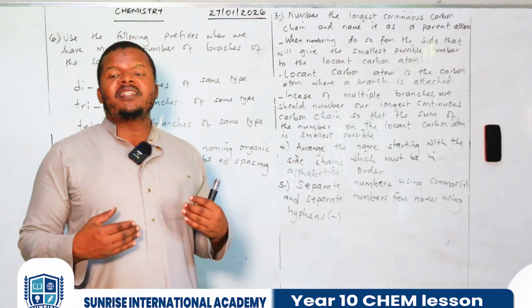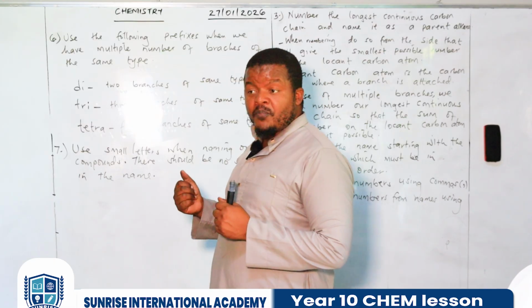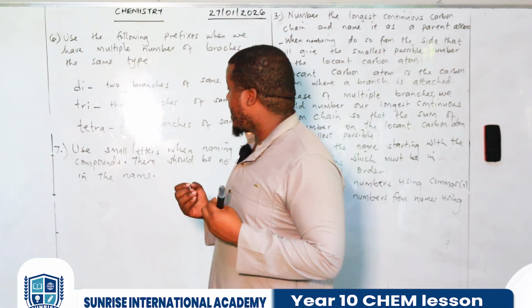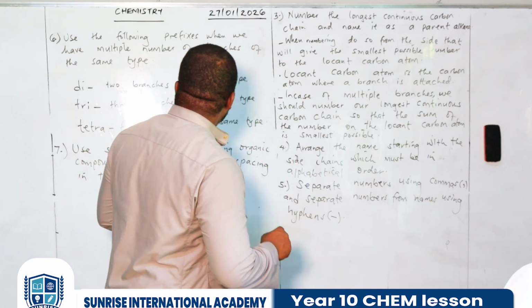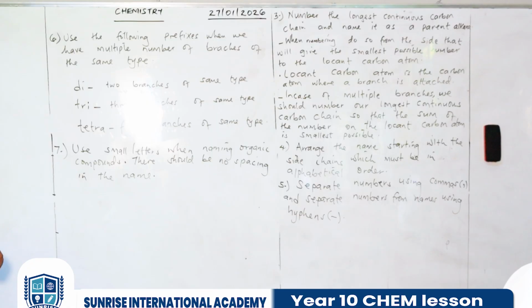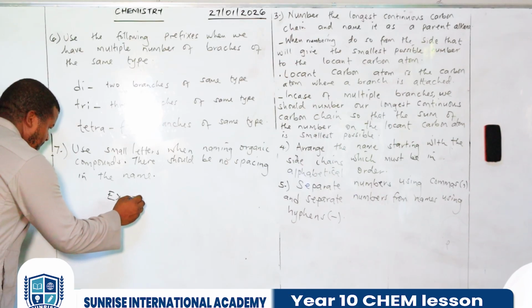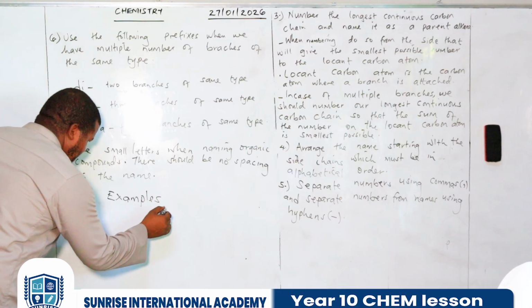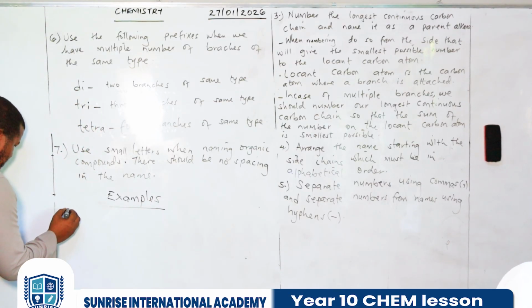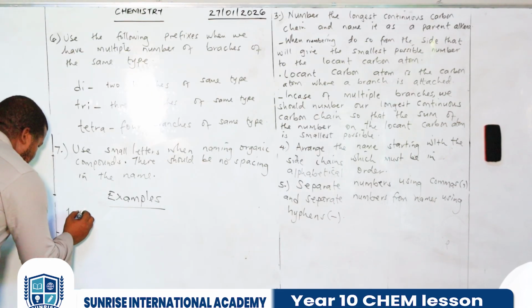Now, I want us to look at examples so that we can use these rules. We name an organic compound, an alkane, using the rules we have just stated. All right, so let's look at examples here. Let me start with the first one.